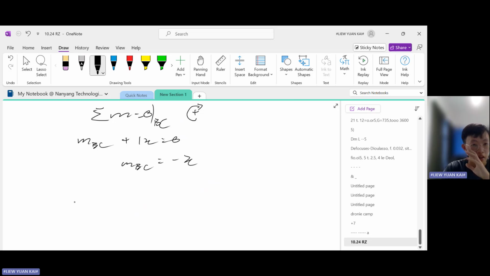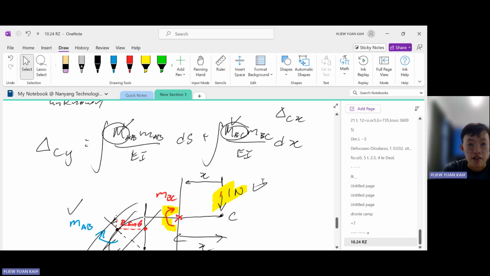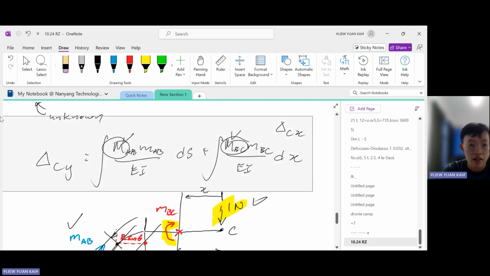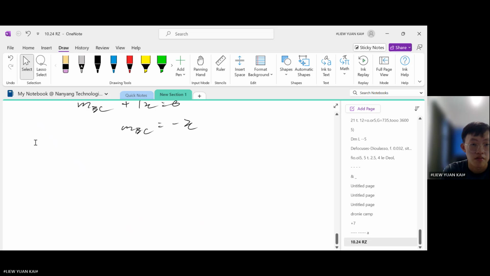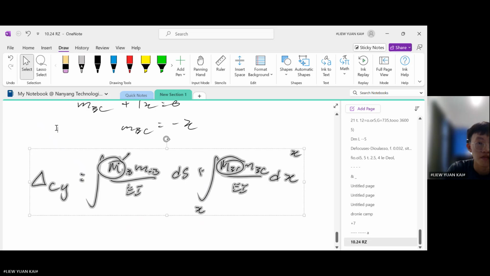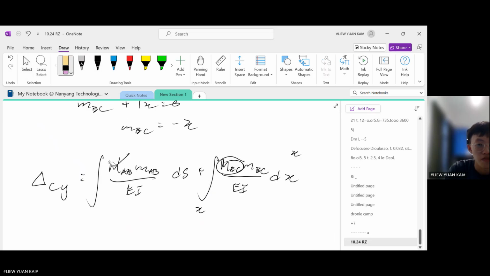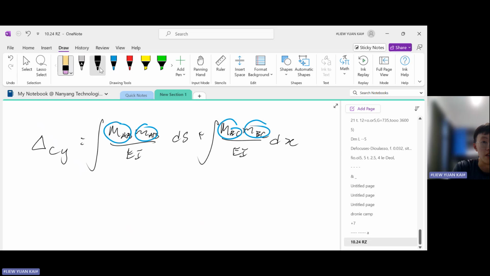Okay. So now we're gonna substitute everything into this expression, right? So we're gonna substitute this, this, and this. I'm also gonna pull out the factors that I can see. So this and this, I'm gonna pull out of the integration.